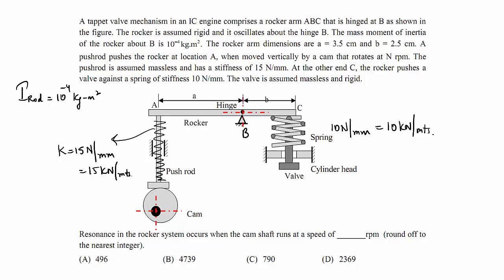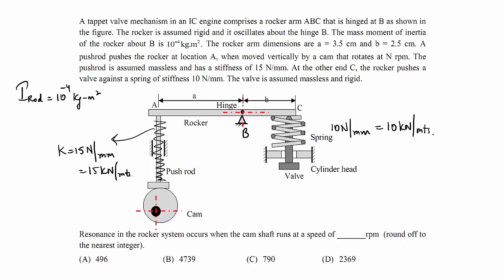For this case, first we need to draw the free body diagram. This is the rod given, and it is hinged at B. This is the hinge.